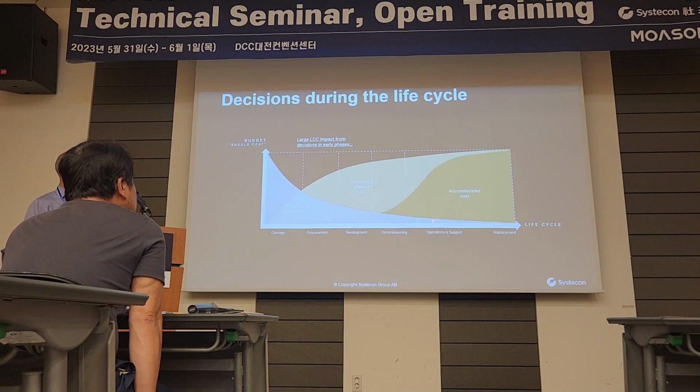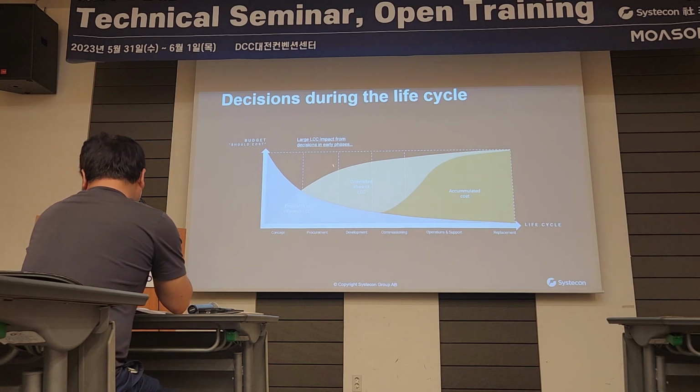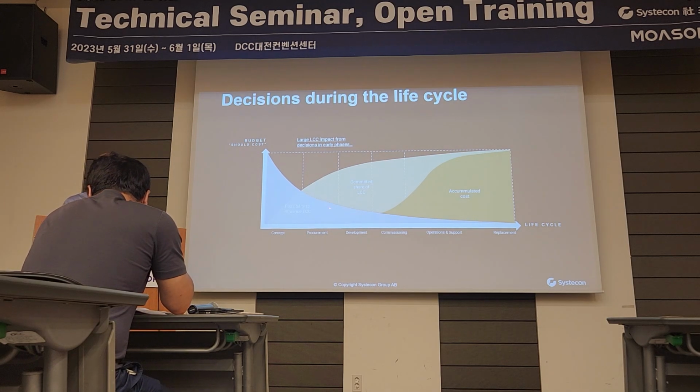So when you're starting to operate your system, yes, there are measures that you can definitely take in order to improve cost effectiveness at that point in time, but you have much more room for significant cost impact if you are early in the phase.